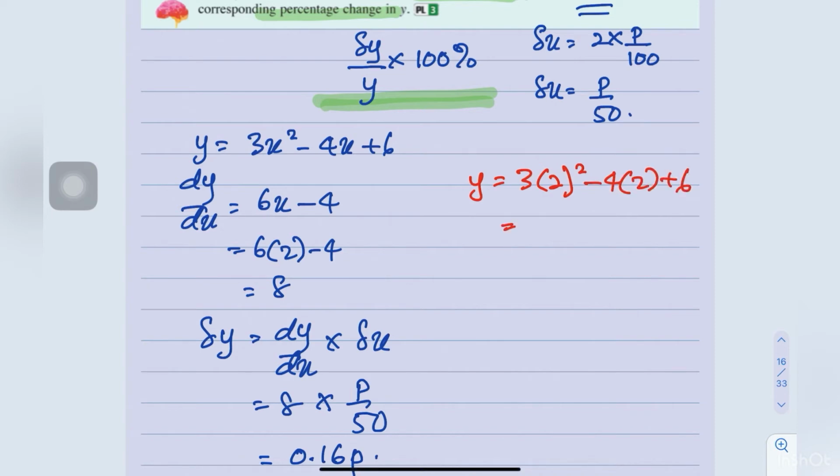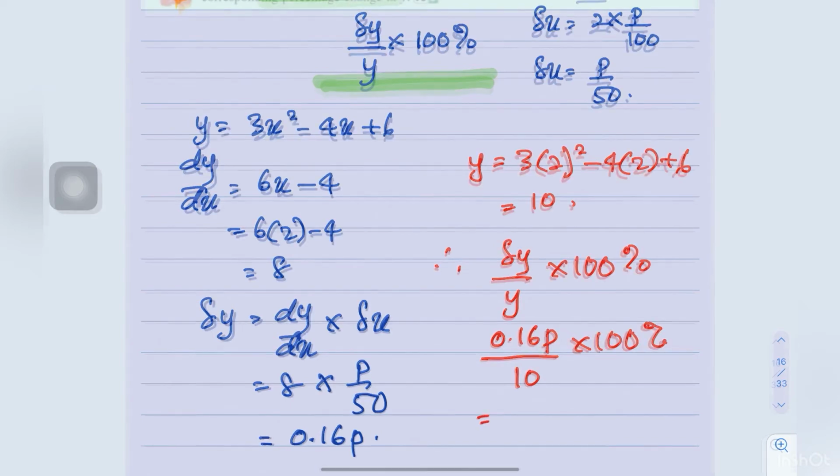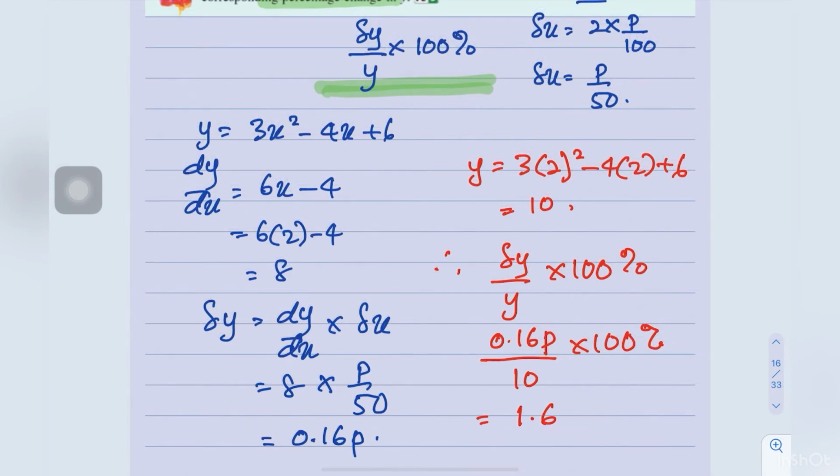So this equals 10. Therefore, the percentage change in y is delta y over y times 100%, which is 0.16p over 10 times 100%, which is 1.6p%.